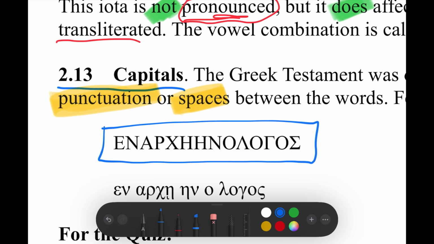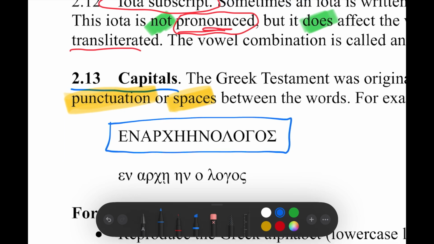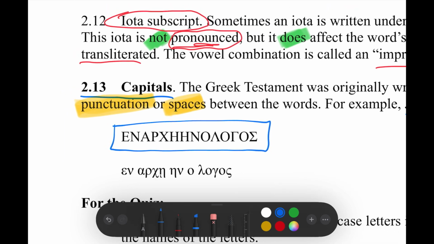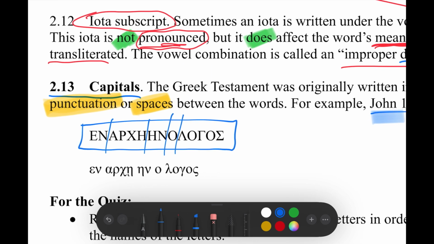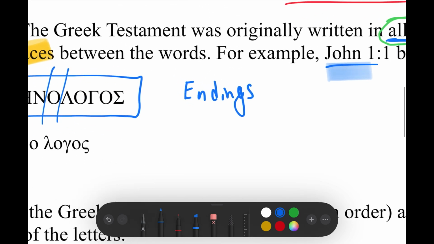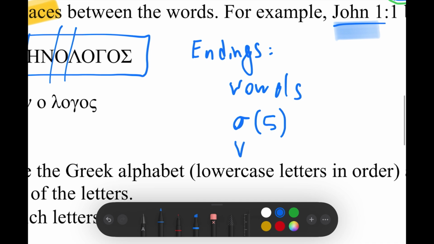And it's important to note that one of the key clues for why they could get away with this is that all Greek words, Koine Greek, end in either vowels or sigma, which, if it's ending, is going to be this final form of sigma, nu, or rho.